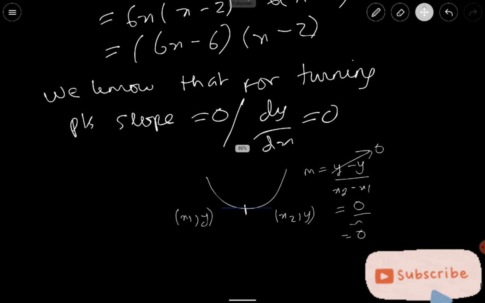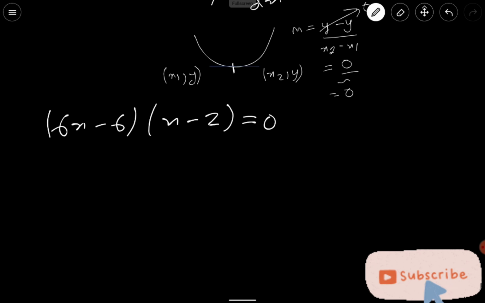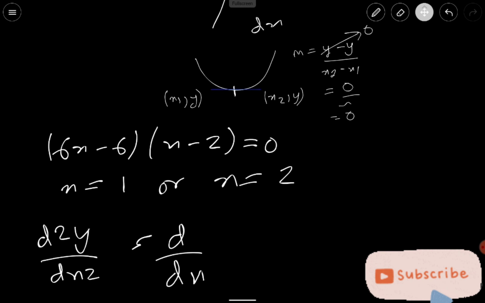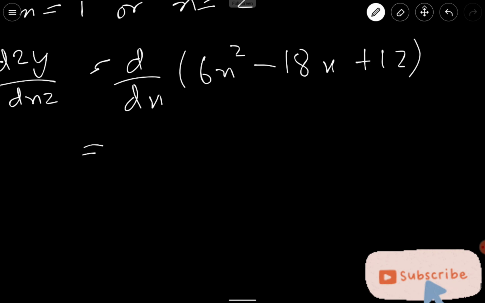So from this we can say that 6(x minus 1)(x minus 2) is 0, so x equals 1 or x equals 2. Now we find the second derivative. d2y/dx2 will be d/dx of 6x squared minus 18x plus 12, which is 12x minus 18.